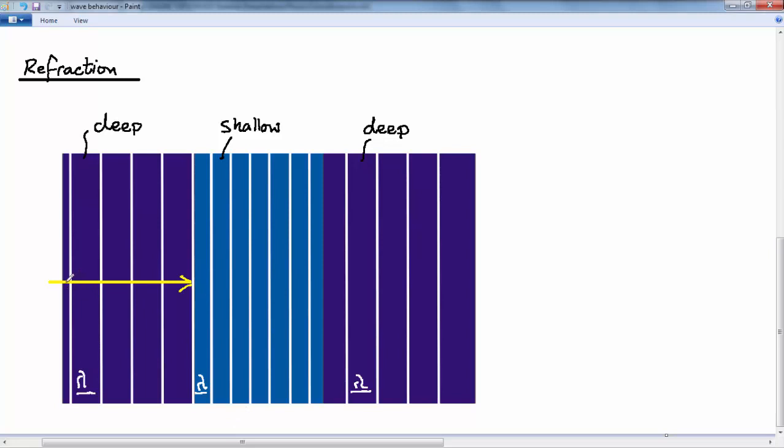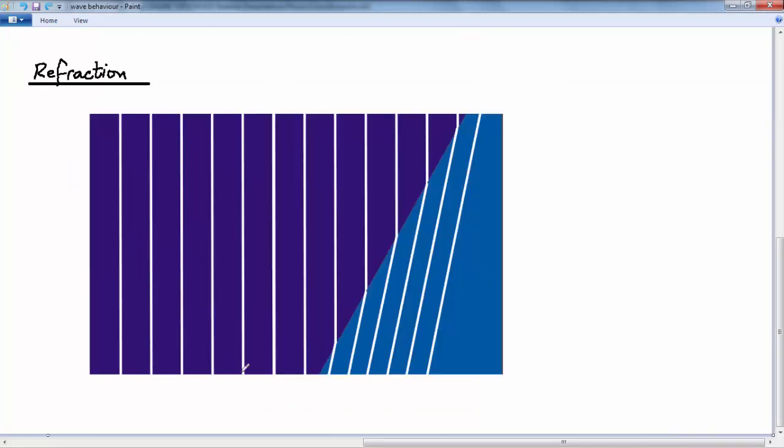So let's have a look at what happens when the travelling wave is incident on this boundary at an angle. Now we've got the deep water here, and we've got the shallow water here, and you'll see that the boundary between the deep water and the shallow water is at an angle to the direction of propagation of the water wave.